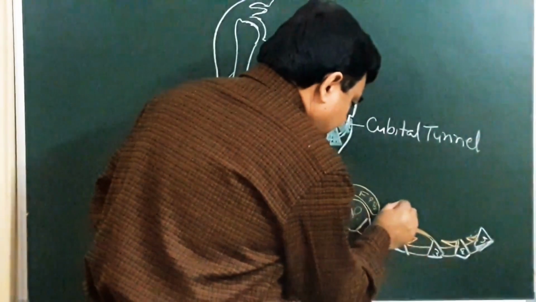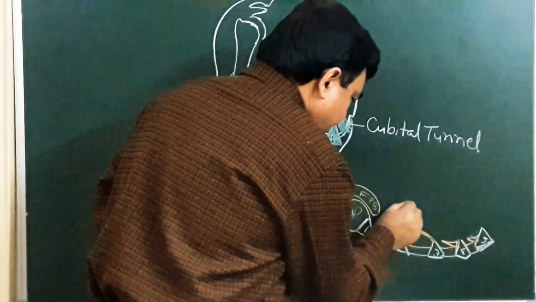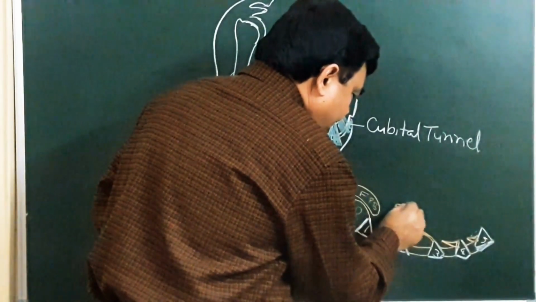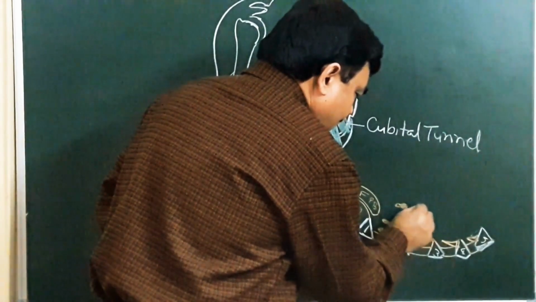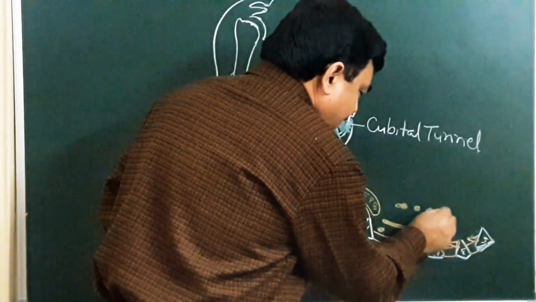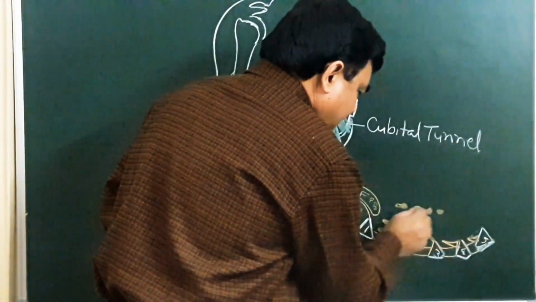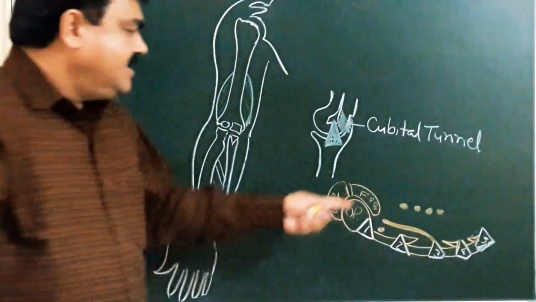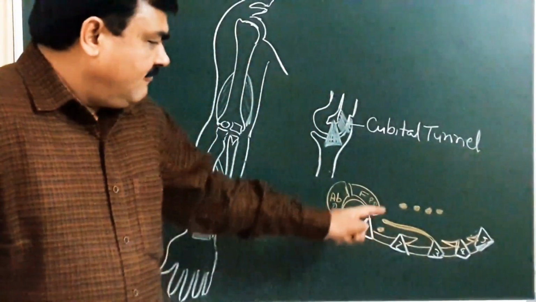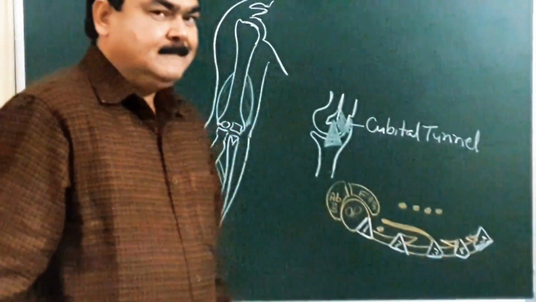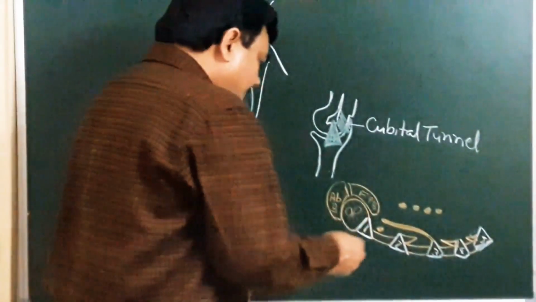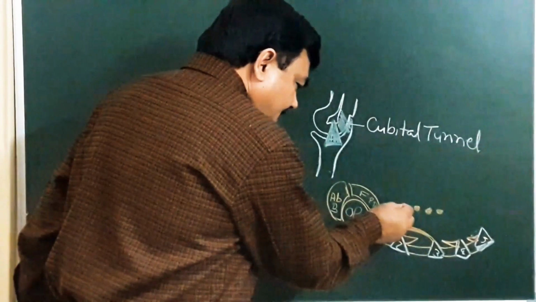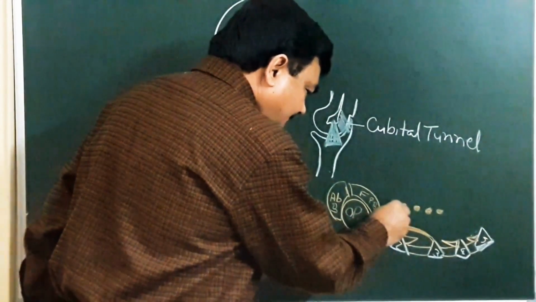Here are the four tendons of flexor digitorum profundus. The first lumbrical takes origin from here. This is the first lumbrical.